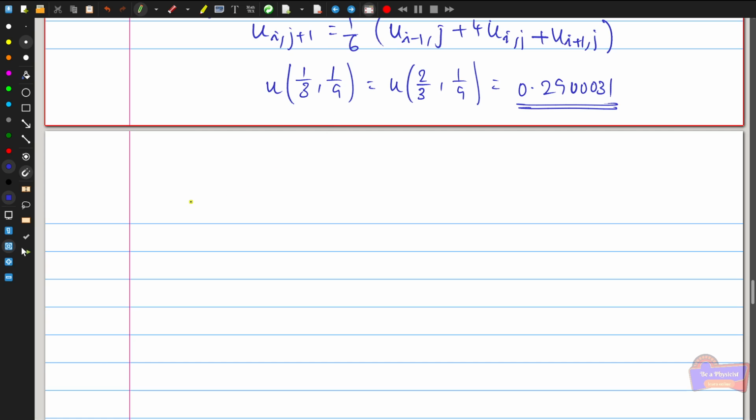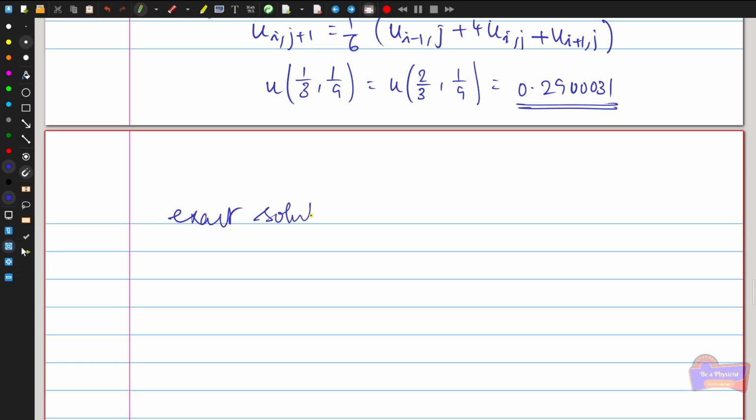Suppose you find the error against the exact solution. The exact solution is already given, for t equal to 1 by 9.